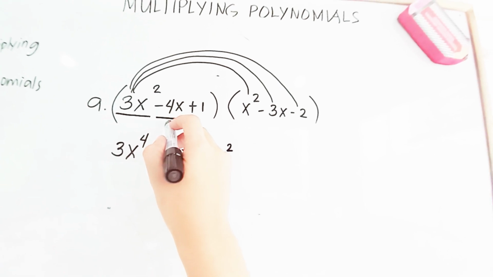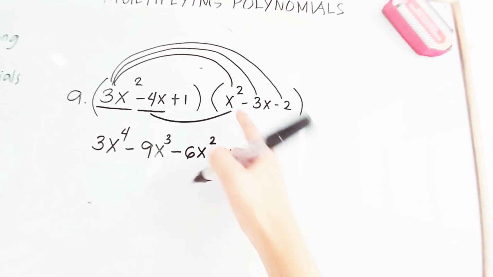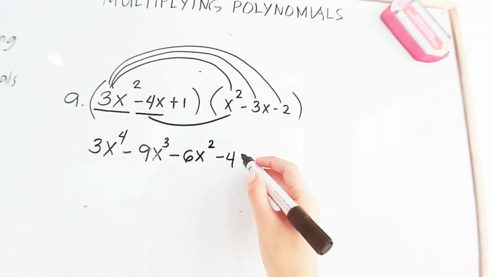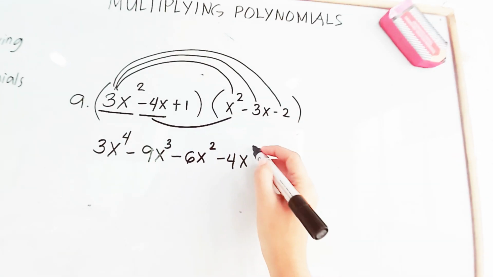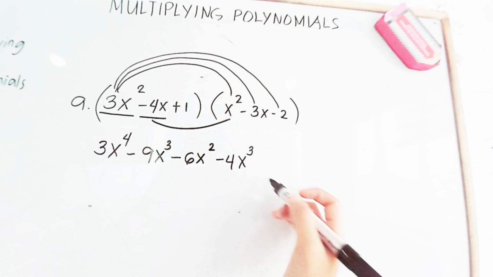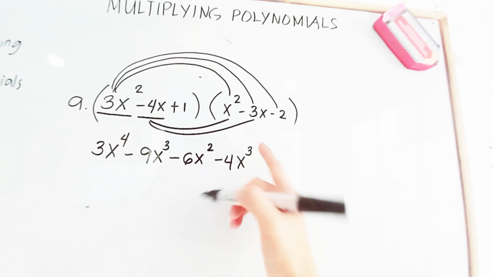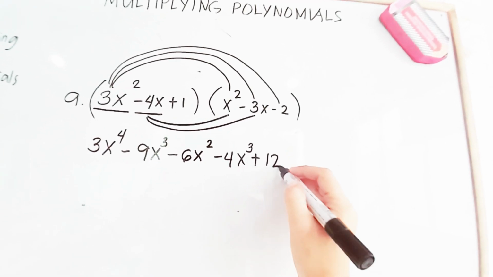Negative 4x times x squared, that is negative 4. There is 1 here. So negative 4 times 1, negative 4. And then copy x, add the exponents, 1 plus 2, that is 3. Continue, negative 4x times negative 3x. Negative 3 times negative 4, positive 12.